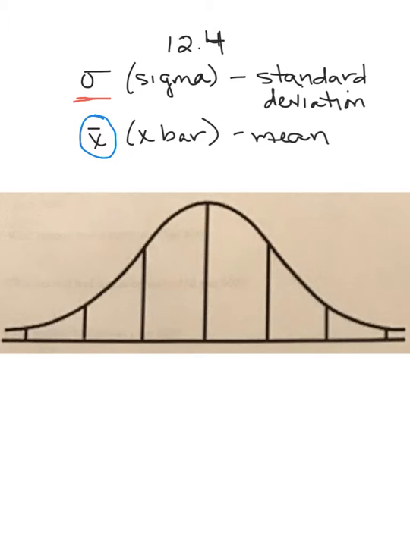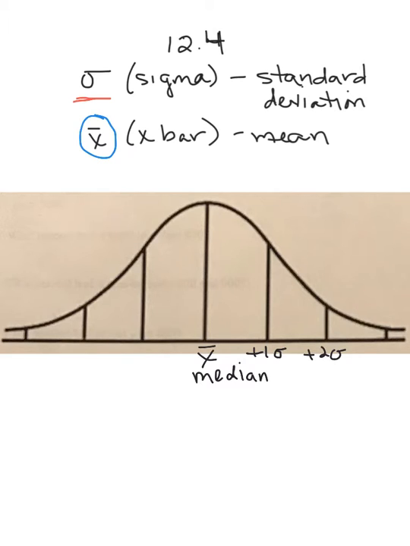When you have a normal curve, the center line is always the mean and the median. The first line to the right is one standard deviation bigger than the mean or median. The second line is two standard deviations bigger than the mean or the median.